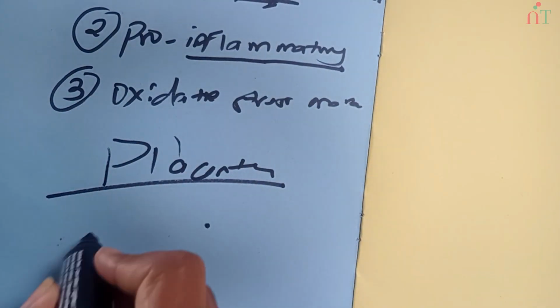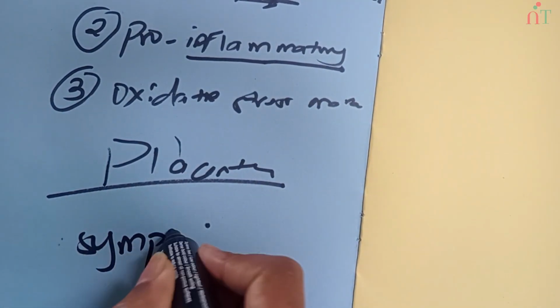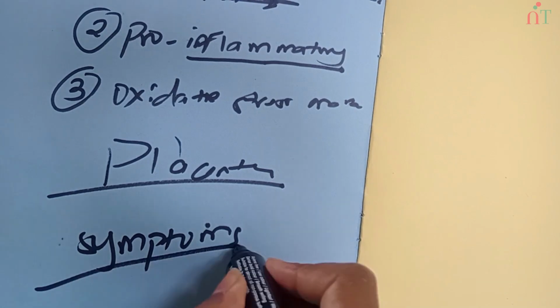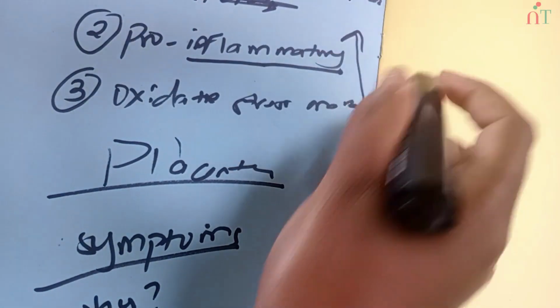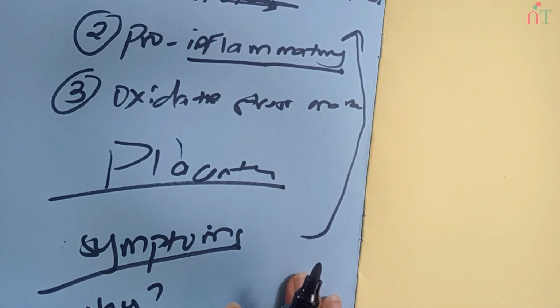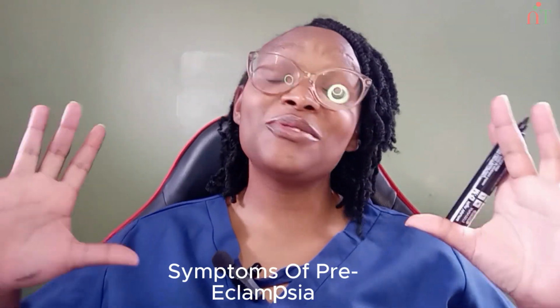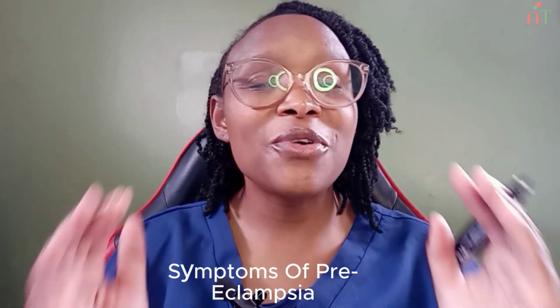Next, I want us to talk about the symptoms, and we're gonna see why this patient has these symptoms. It's because of all of these things that we have talked about from above here. Now let us talk about symptoms of preeclampsia.